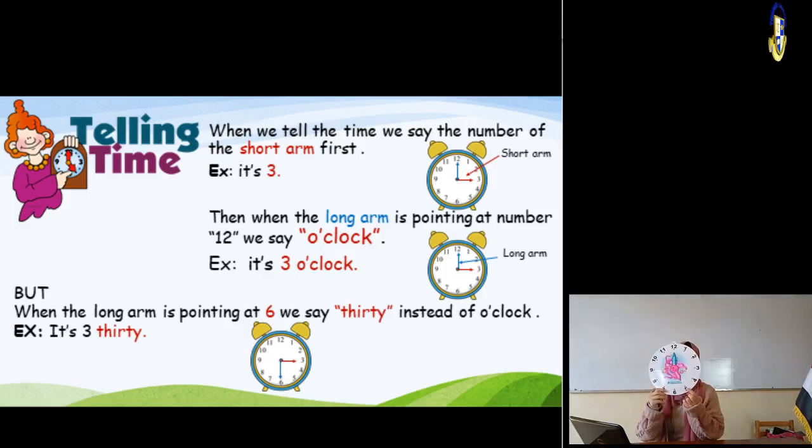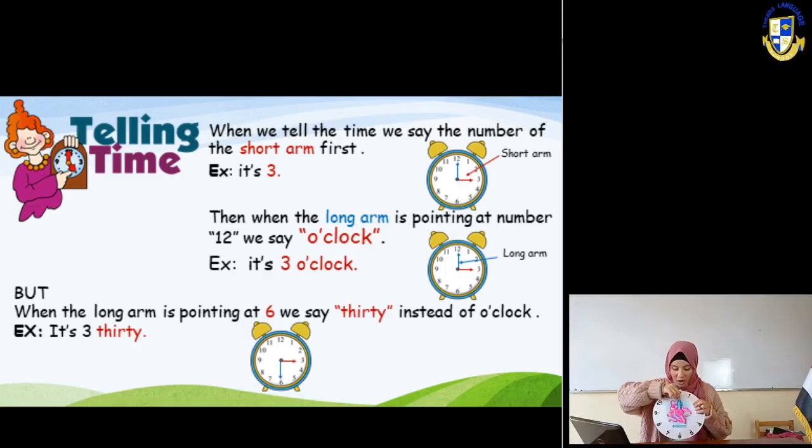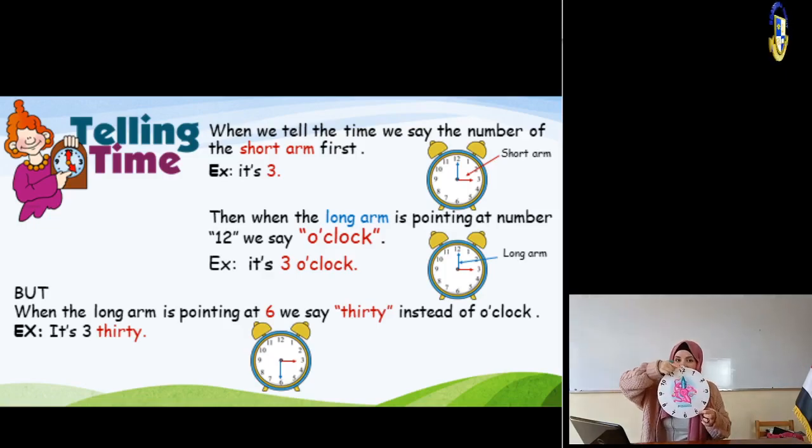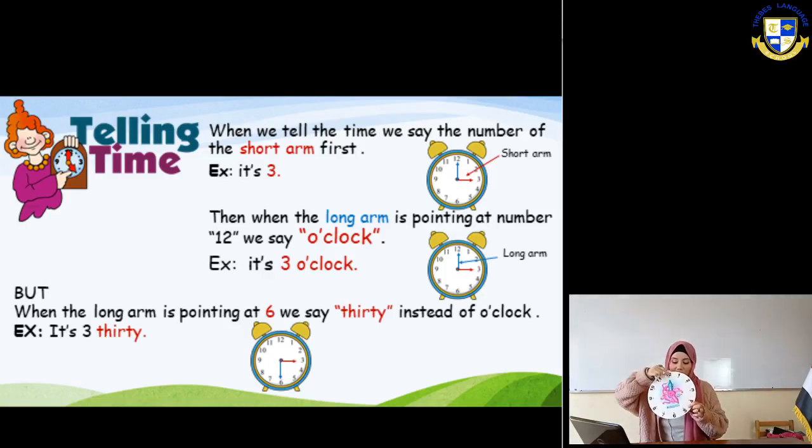So it's 5 o'clock. Again, I say the number of the short arm first, 5, and then the long arm shows 12, it means o'clock. So when the long arm points to 12, I say the number of the short arm first, and then I say o'clock. It's 5 o'clock.